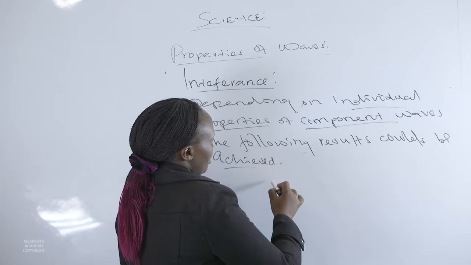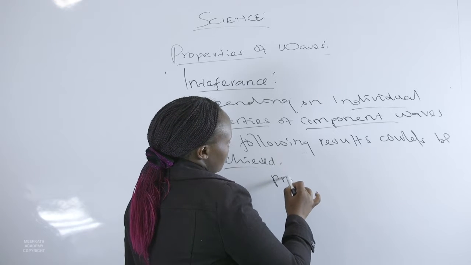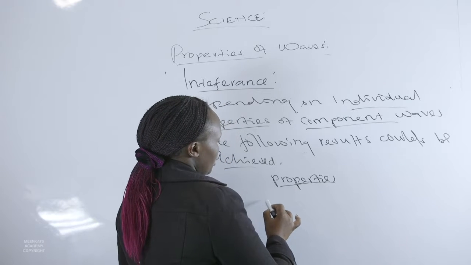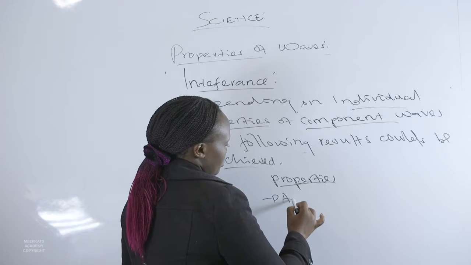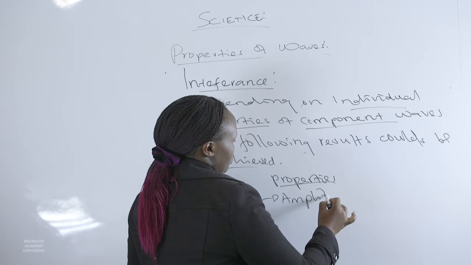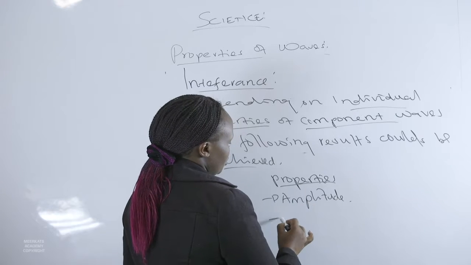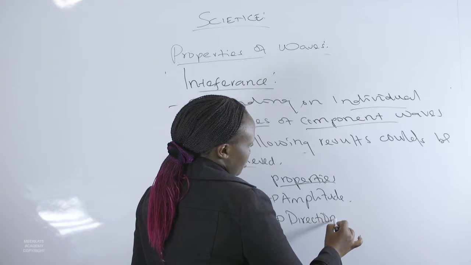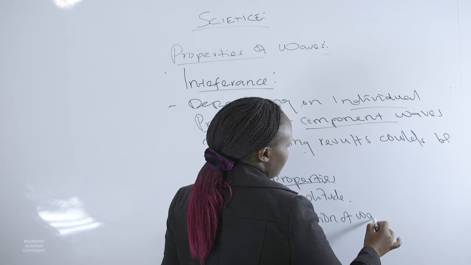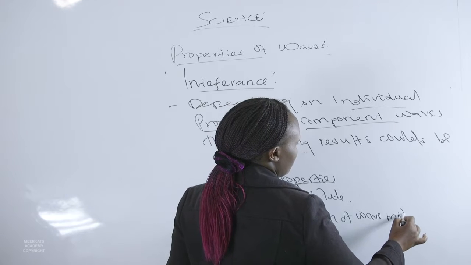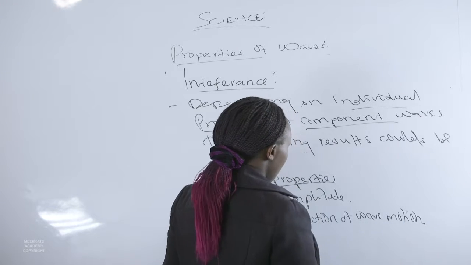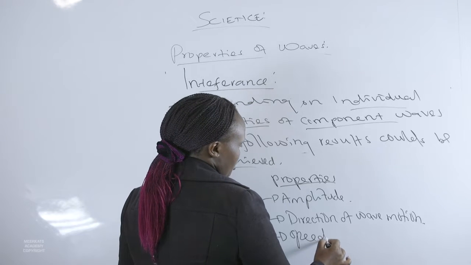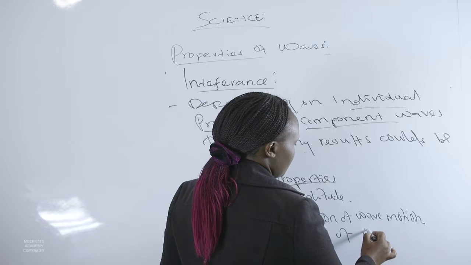Number one, the properties that we want to consider should be amplitude, number two, direction of wave motion, and number three, the speed of the waves.